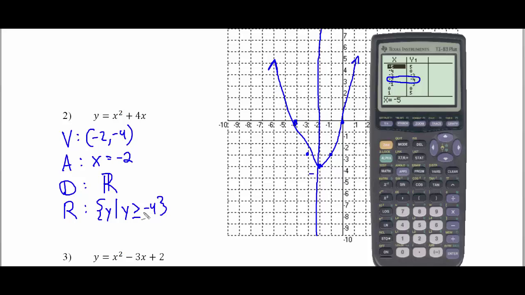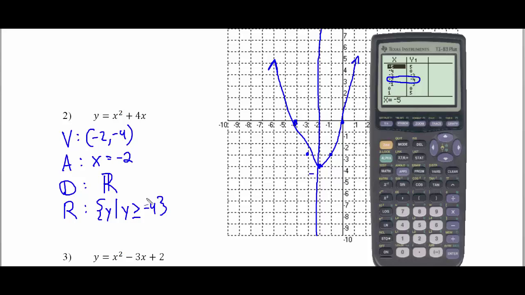It's kind of our floor here. So now you might be thinking, well, according to our vertex, will these numbers always match? And the answer is yes. But I will give you a little warning once we get into graphs where they're frowns instead of smiles, or where the first value is a negative. You would have to switch the symbol here, because we're going to have a ceiling instead of a floor.